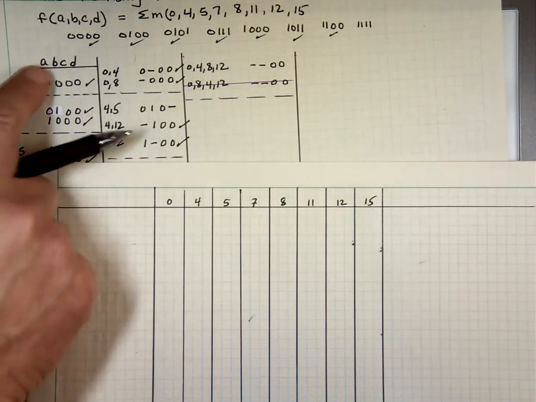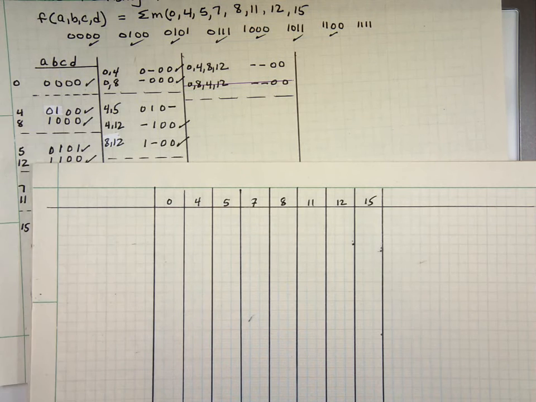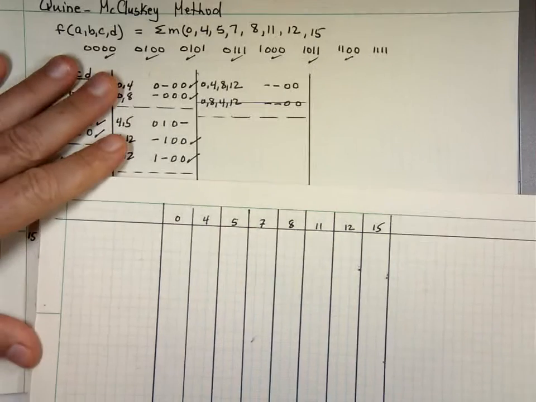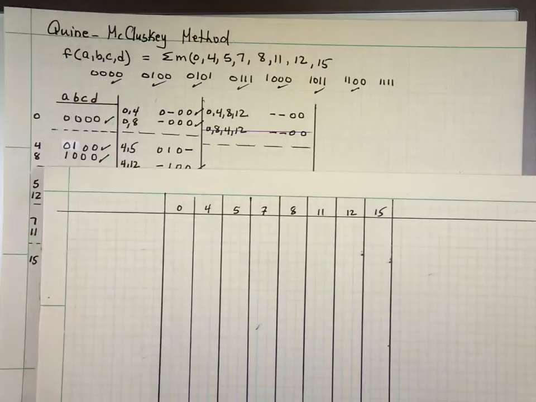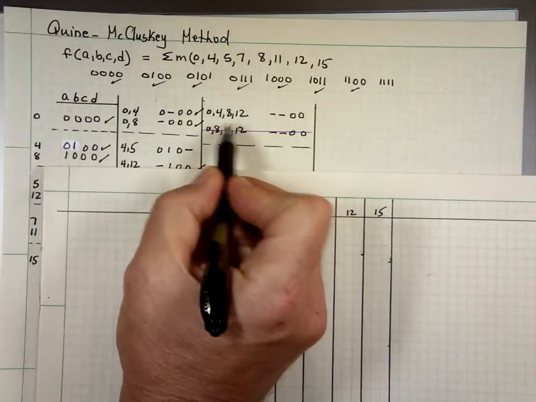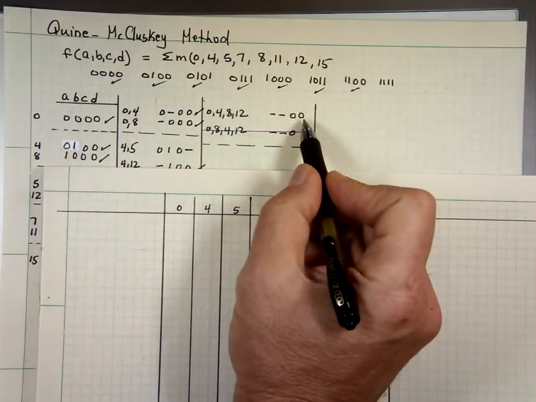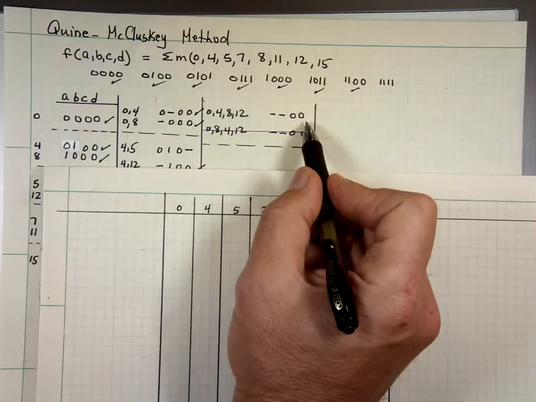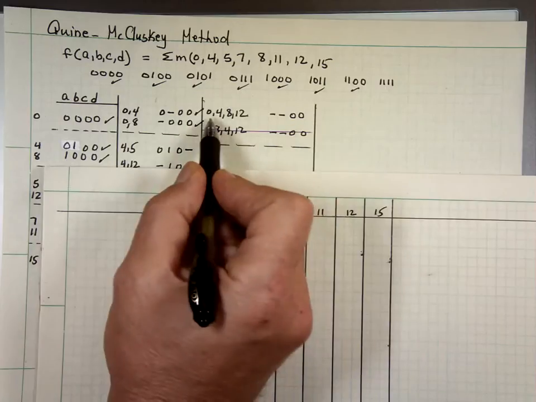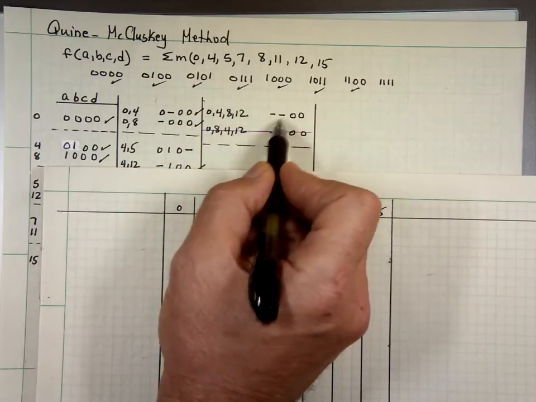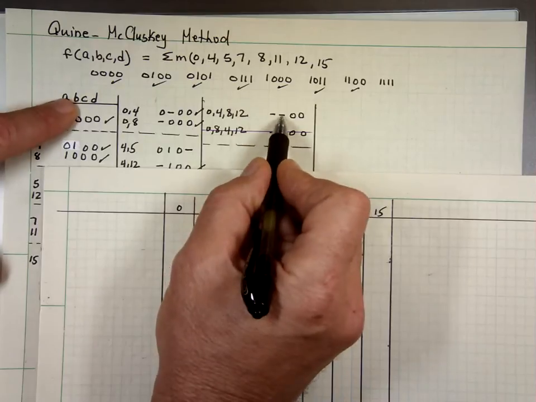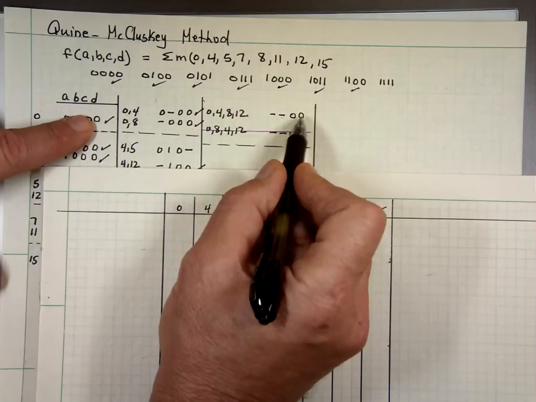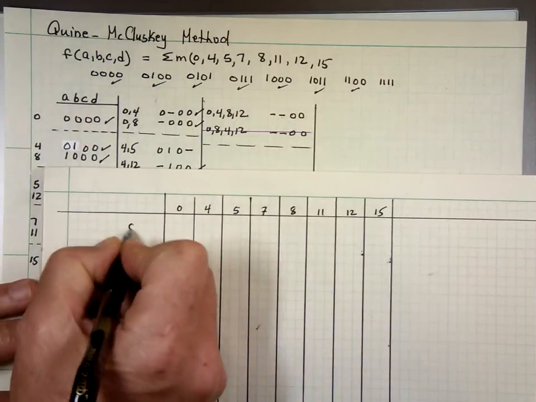Remember A, B, C, D. Ready for that? Look at this number here. Does not have a check mark next to it. If you were to write the expression for that, A is gone, B is gone, right? C is 0 and D is 0. That's C bar, D bar.